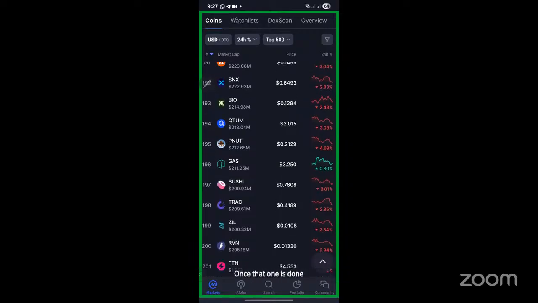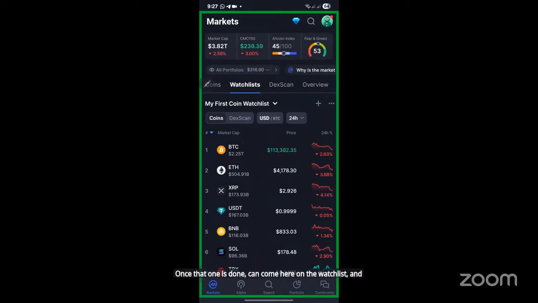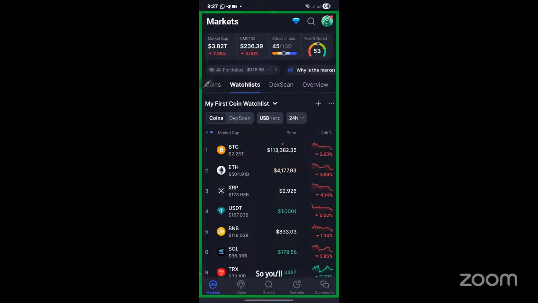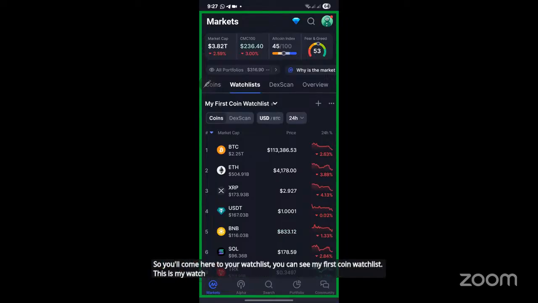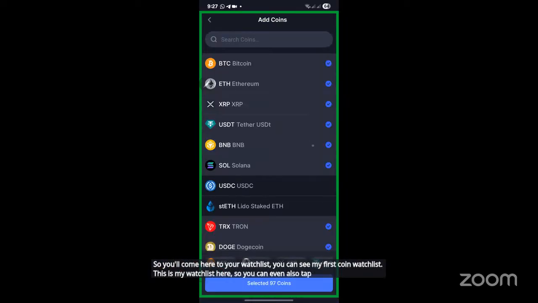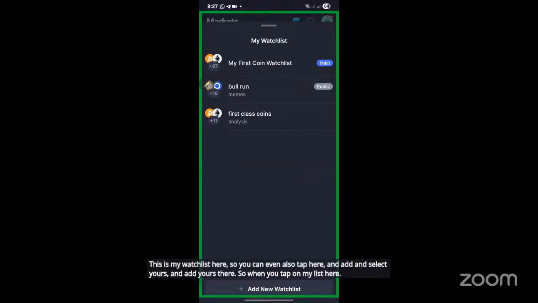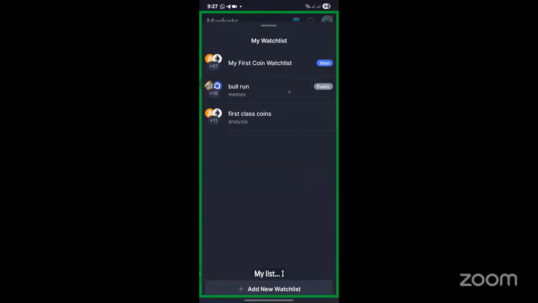You can come here to the watch list and add your list. You can see my first coin watch list. This is my watch list here. You can also tap here, select yours and add yours there. When you tap on my list, I have the bull run memes, my first coin watch list and my first class analysis.